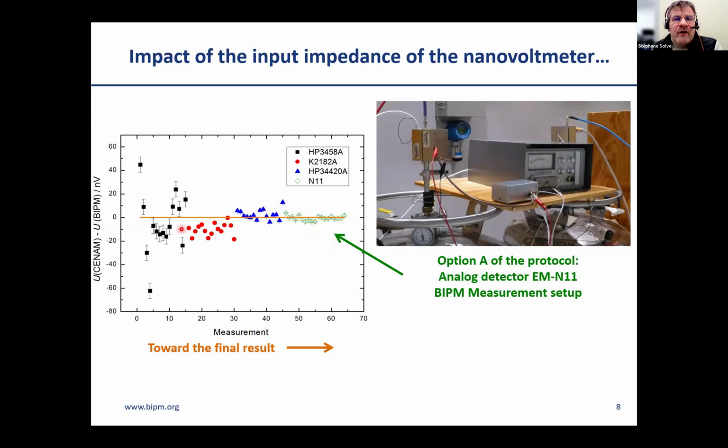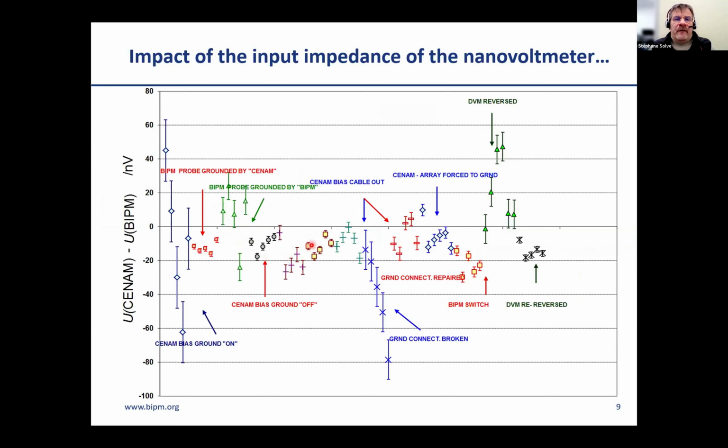So now, if we come back to this point and try to explain the discrepancy that was observed between the two digital nanovoltmeters, we carried out a large number of different experiments. You don't have to look carefully at all of the data on this graph, but it's just to show you that the basis to investigate this systematic error was to change the grounding of the measurement setup to different places, either on the CENAM side, so to say, or the BIPM side.